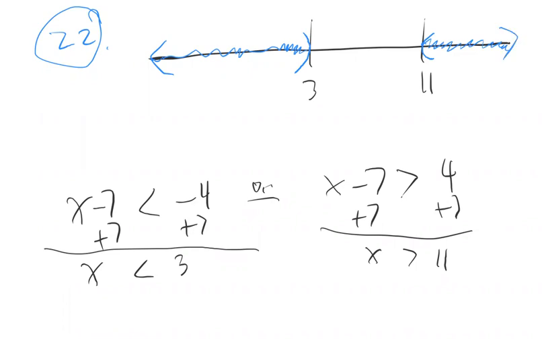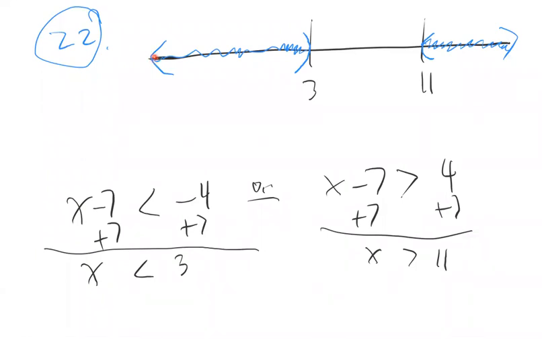So the number line looks like that for your solution, but then the hard part is actually the solution itself, because there's two parts of the solution itself, meaning you have to put a union symbol between them. So the first part of the solution is over here on the left side of this graph. You see that's negative infinity.